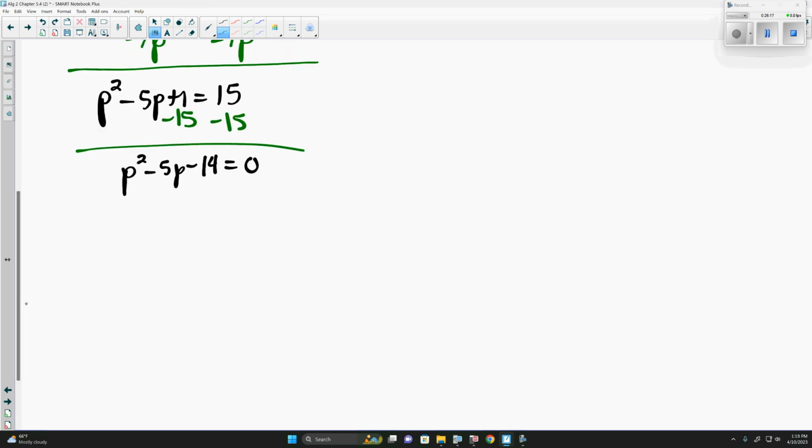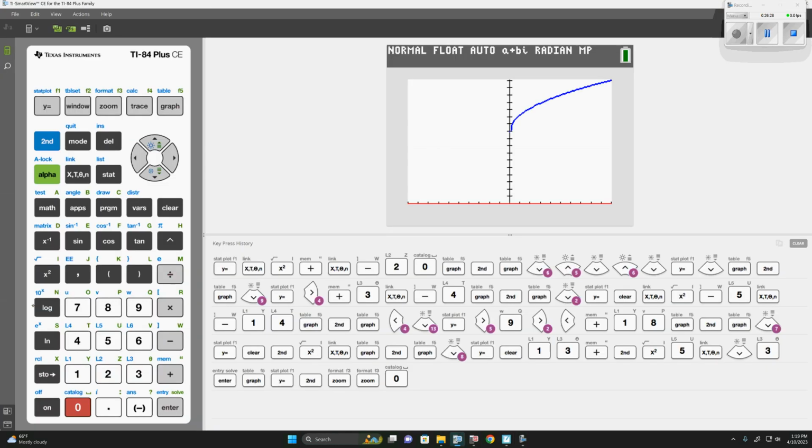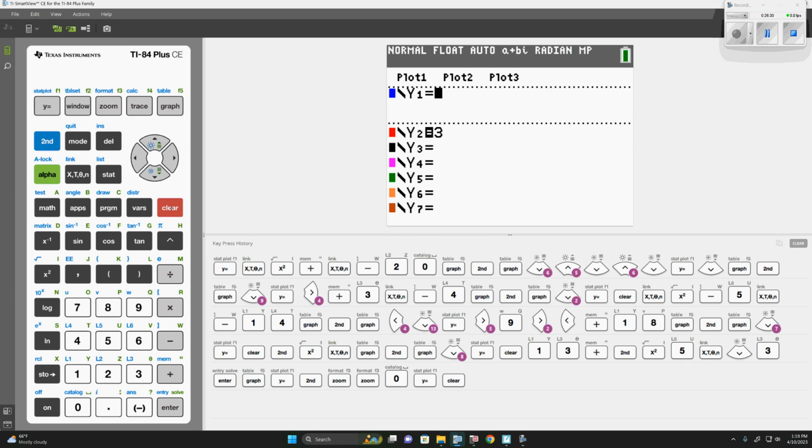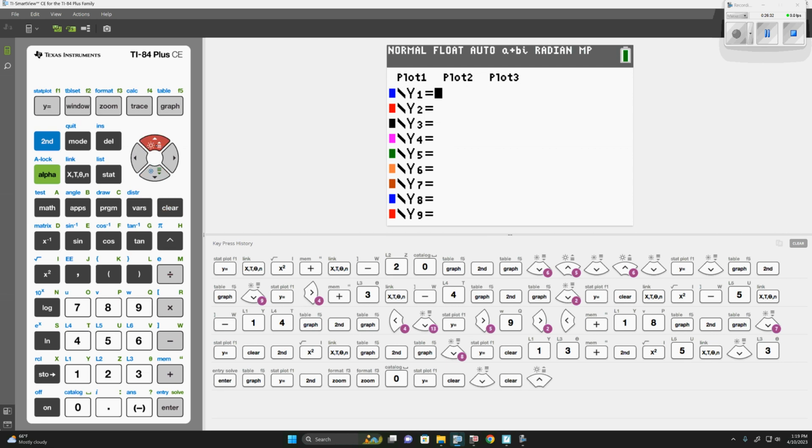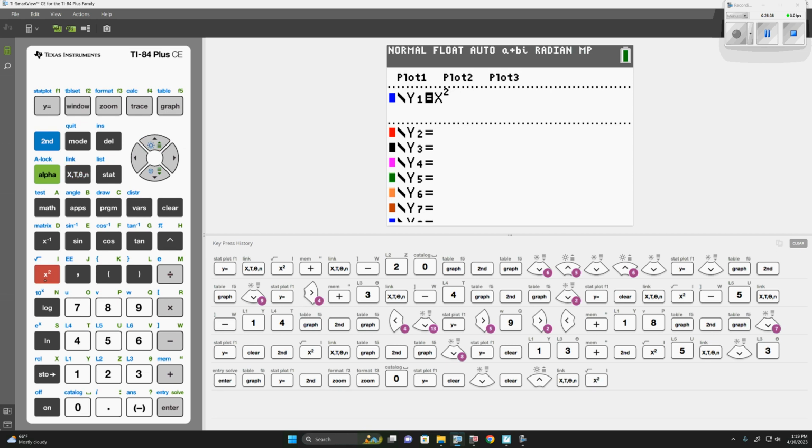Now, again, we can factor like we've been doing up to this point. Is the number in front of p squared 1? Yes. So that means that the factors or our solutions are most likely not going to be fractional. So I could say that it's x squared minus 5x minus 14, yes?